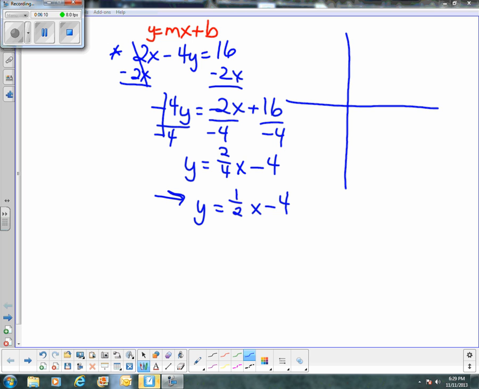There's our grid. Our y-intercept is negative 4. So we start at 0, we find negative 4, plot our point. Now our slope is 1/2, positive. So we go up 1 over 2, up 1 over 2, and so on, and down 1 over 2.